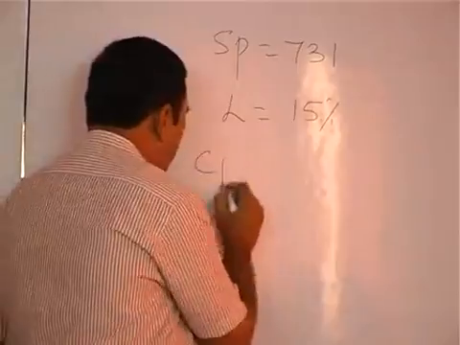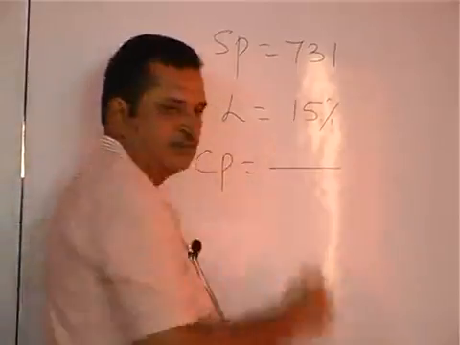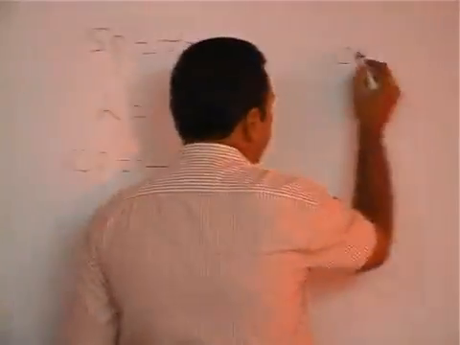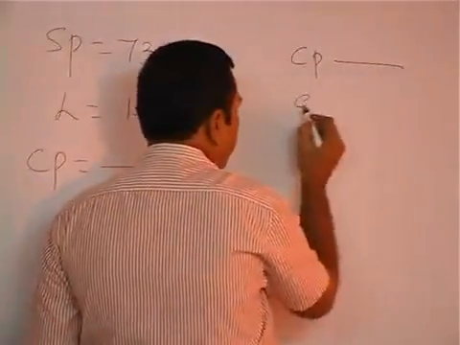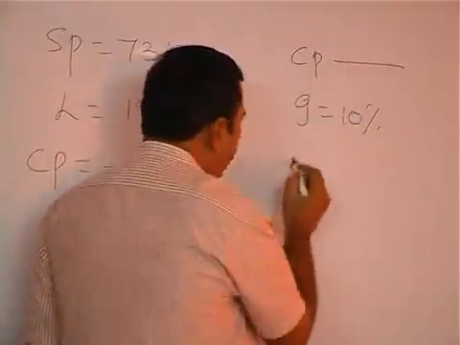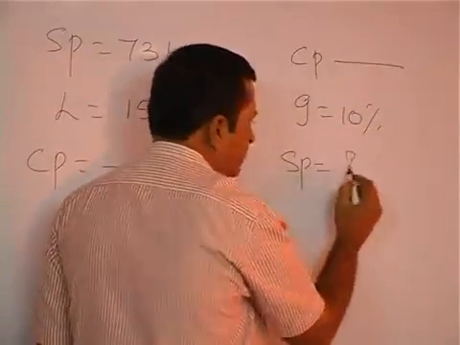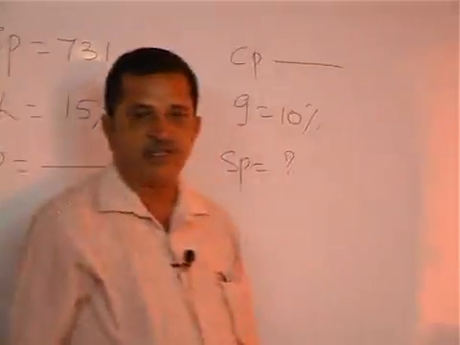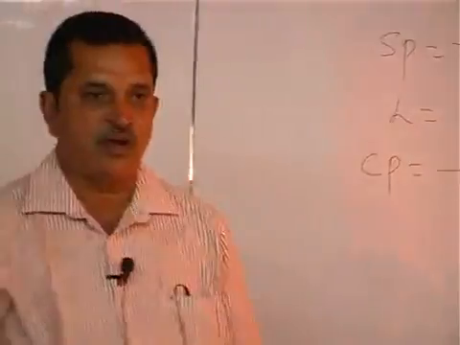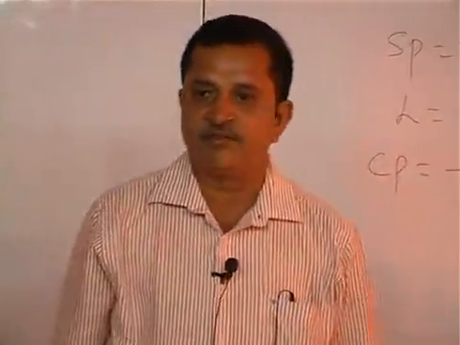We know the formula, we will find the cost price. Then cost price we will take here. To gain 10% means gain 10% we want. Then we will calculate the selling price. This is the method adopted by the students who follow the regular method.